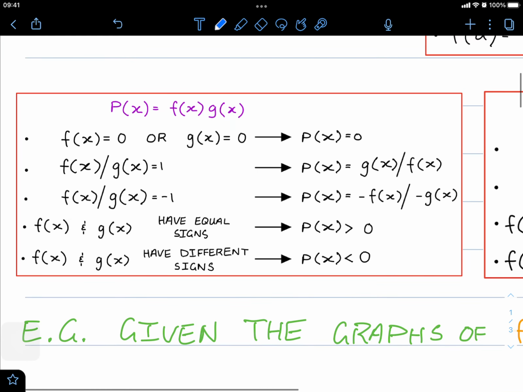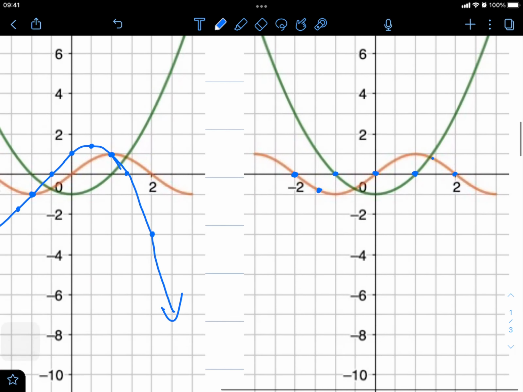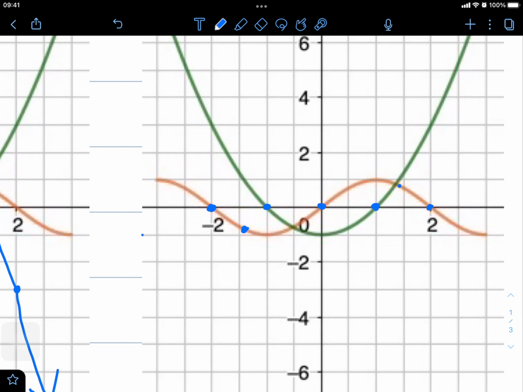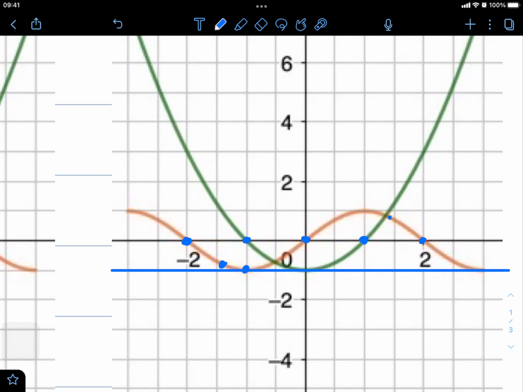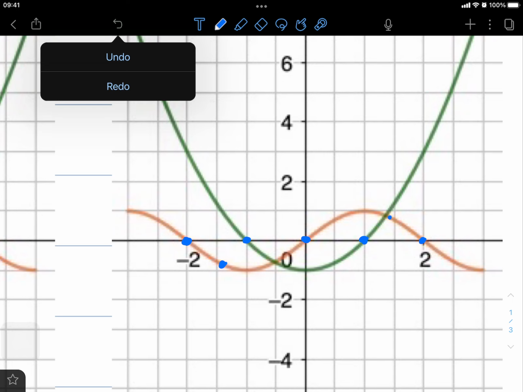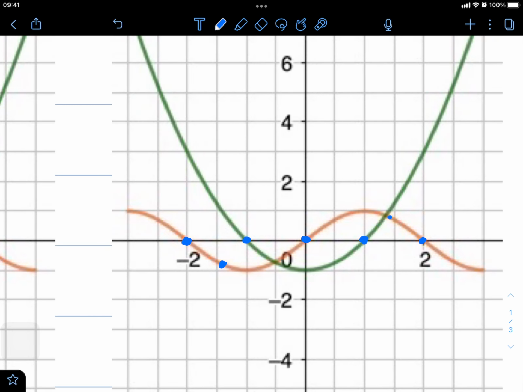Let's take a look at points where it's negative 1. So negative 1 is here. When f is negative 1, well, this should change signs, but it's 0, so negative 1 times 0 stays where it is. Oops, where's that line?